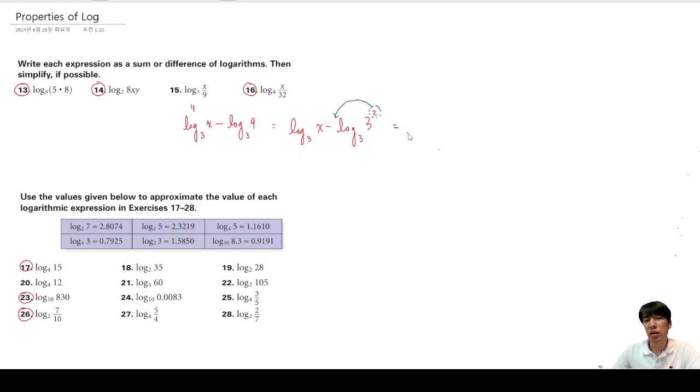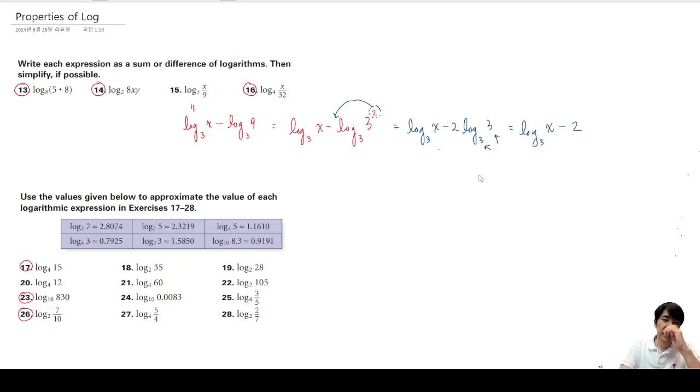So you can write this as log base 3 x minus 2 times log base 3 of 3. If you find these two numbers being the same, then this simplifies to 1. So this is log base 3 of x minus 2 times 1, so that's x minus 2. That would be your final answer.